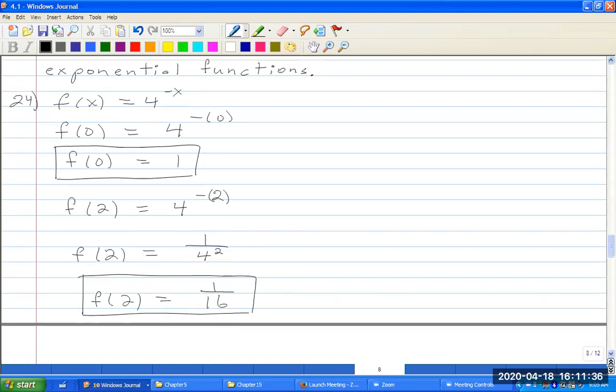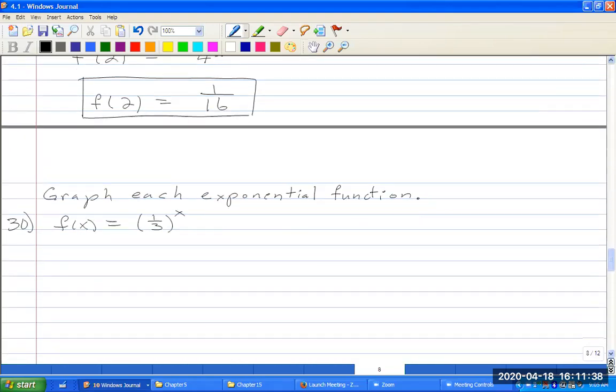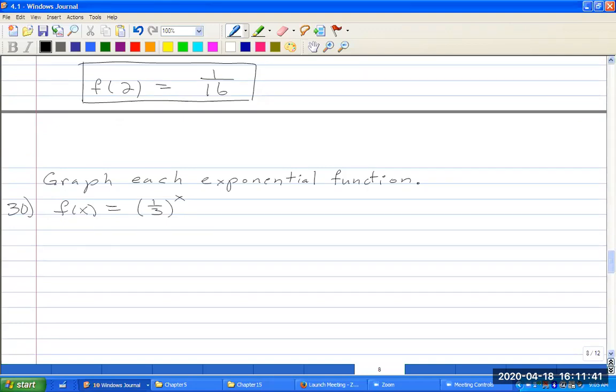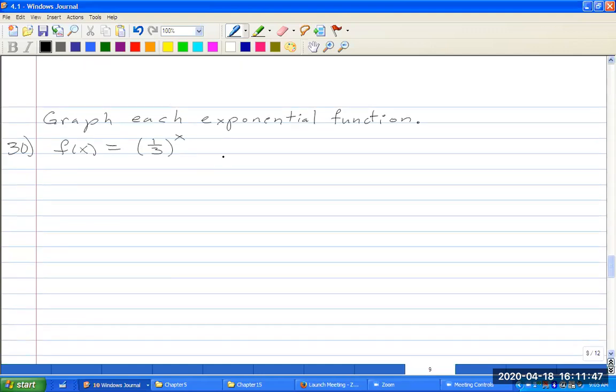Let me do problem 30. Graph each exponential function. Well, the base here is less than 1. Therefore, it looks like exponential decay. And the graph should look something like what we've written above.